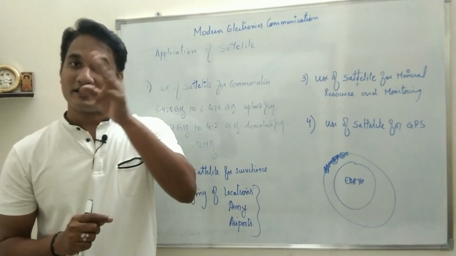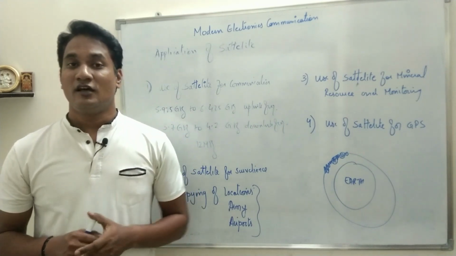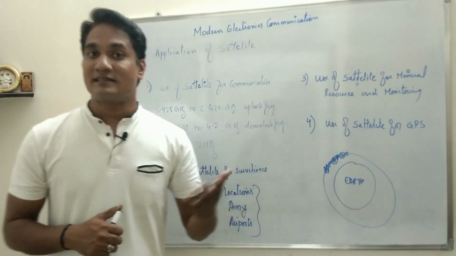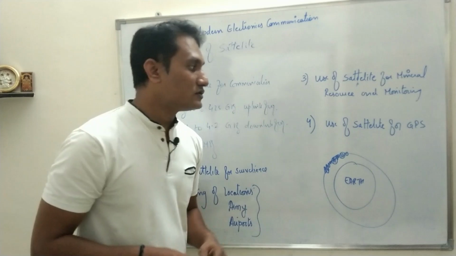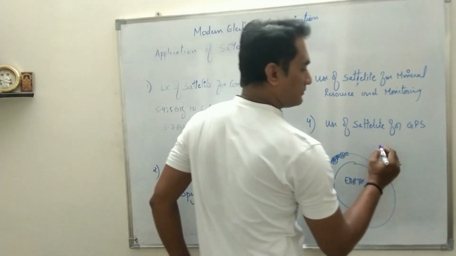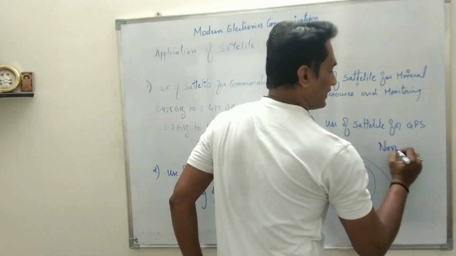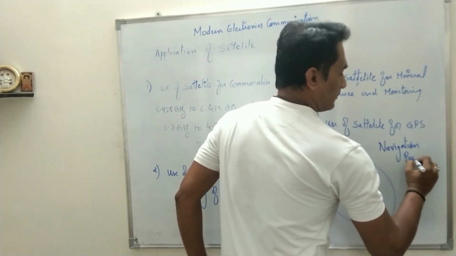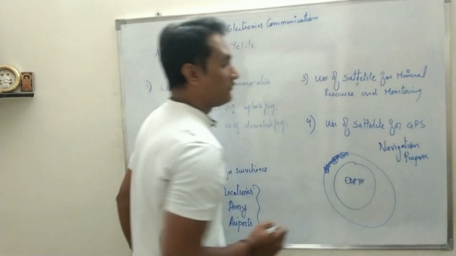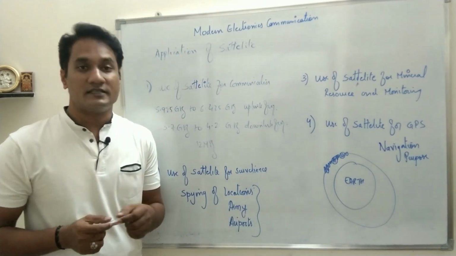All this information is then transmitted back to your mobile phone. So the applications work in that fashion. So we use satellite for GPS, of course for navigation purposes.